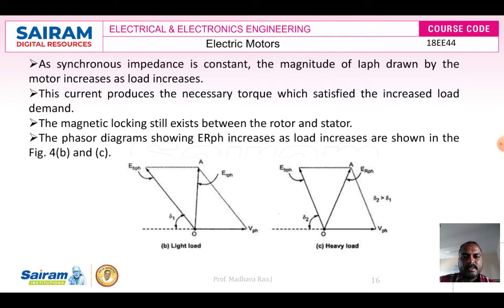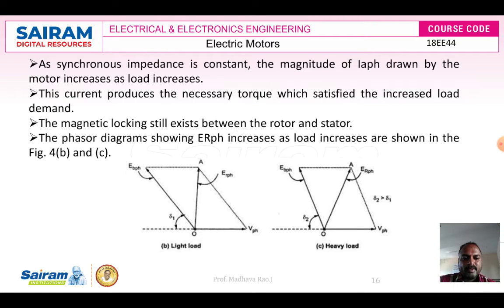Here, when the load on the synchronous motor increases, the impedance is constant, but the load angle will increase. The magnitude of the load current will increase. The current produces the torque, which satisfies the increased load demand.